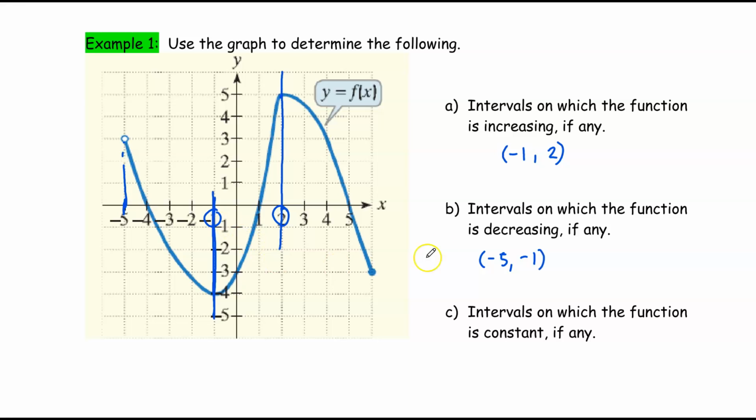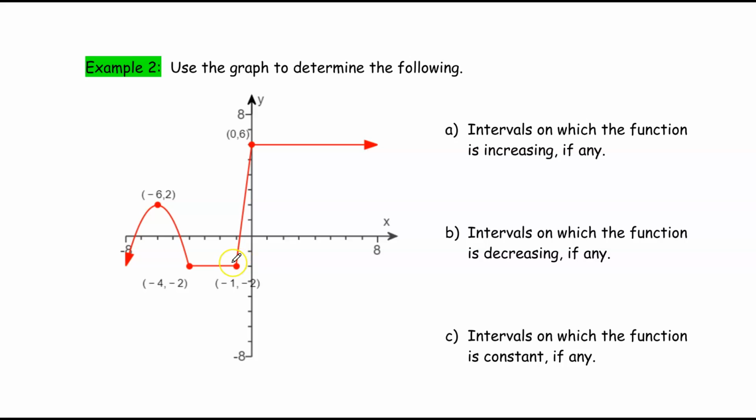So from -5 to -1, and also it is decreasing starting at 2 up to this point here, and that is x equals 6. So it is from 2 to 6. Now, there's no interval for which the function is constant. So this is just none.